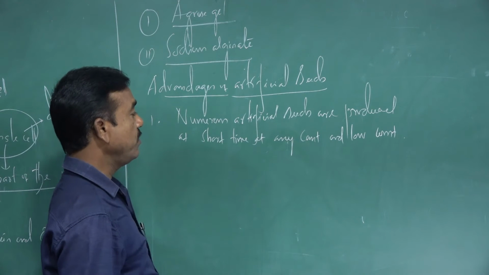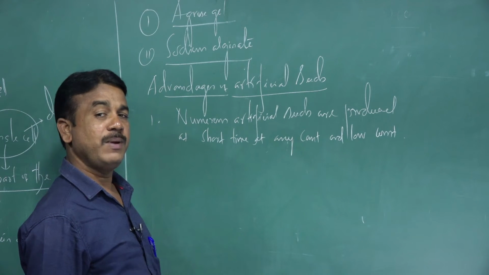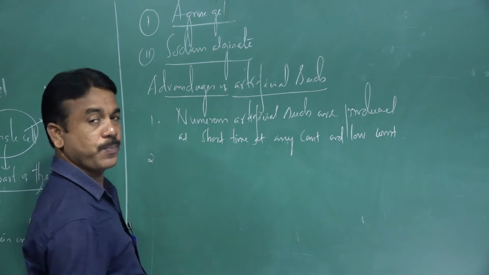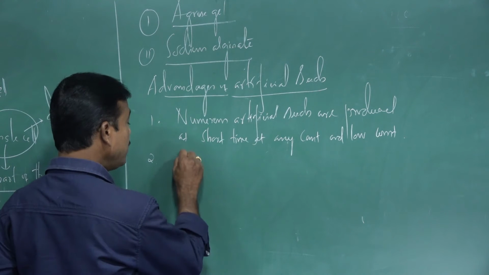So numerous artificial seeds can be produced at any time and are available at low cost. The second thing is that artificial seeds are easy to produce.